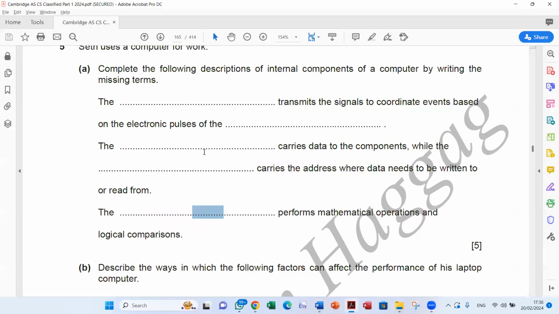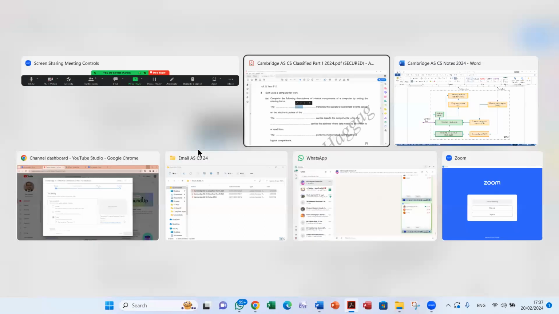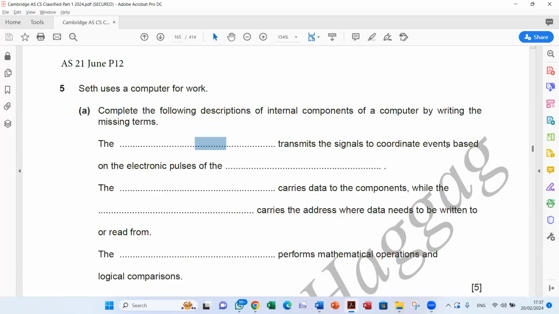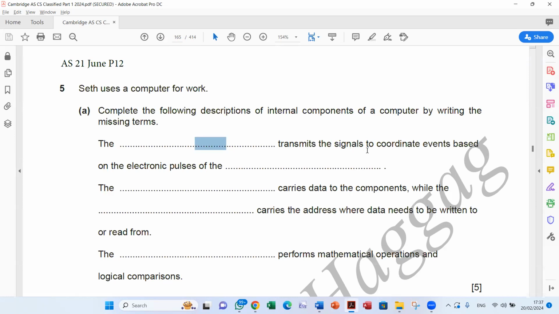So we have here another question, page 163. The control bus transmits signals to coordinate events based on the electronic pulses of the system clock. So the control bus transmits signals to coordinate events based on the electronic pulses of the system clock.